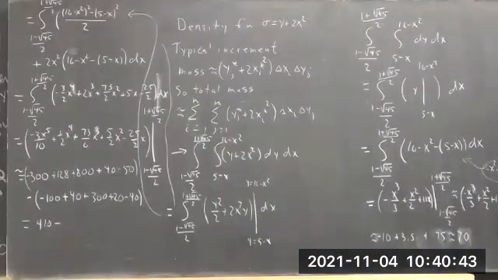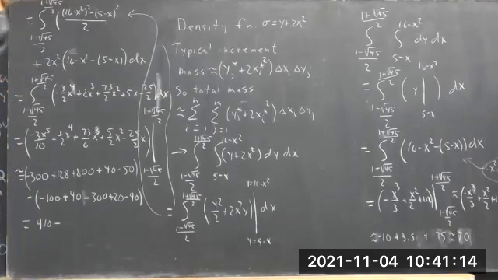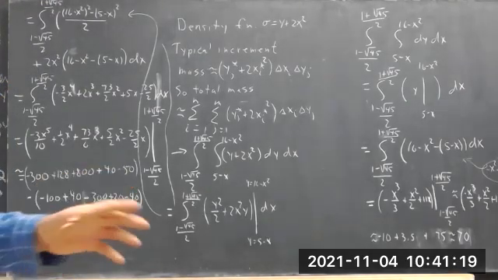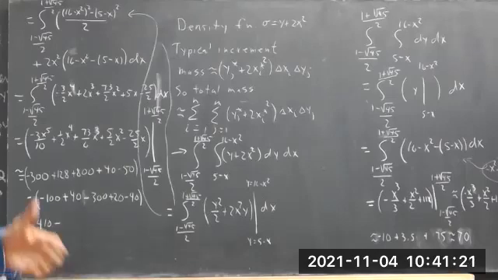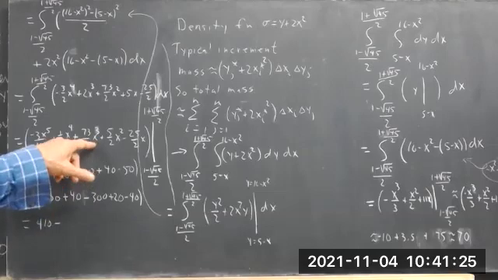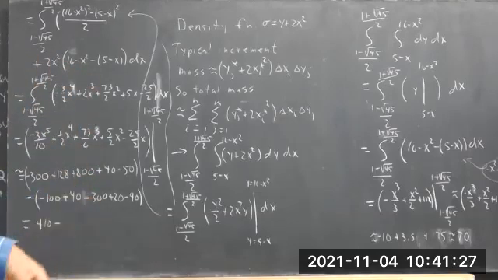Okay, one alert person in the room has informed me that should be a negative 300 because we're cubing a negative 3.